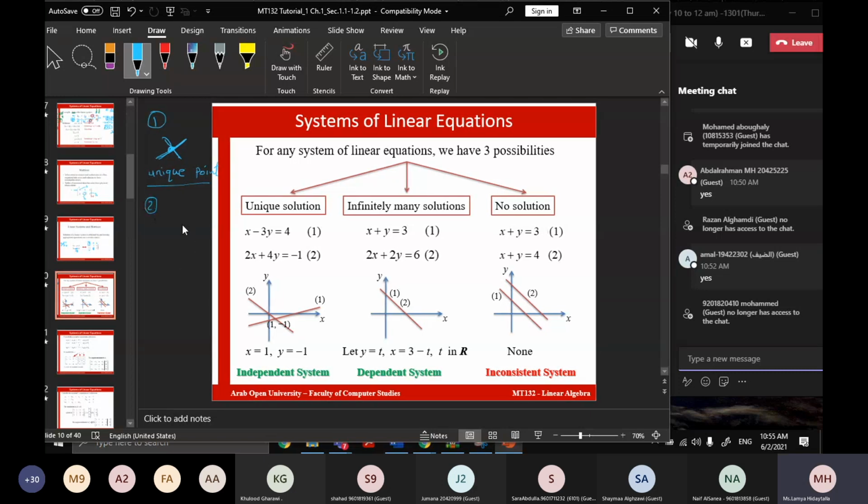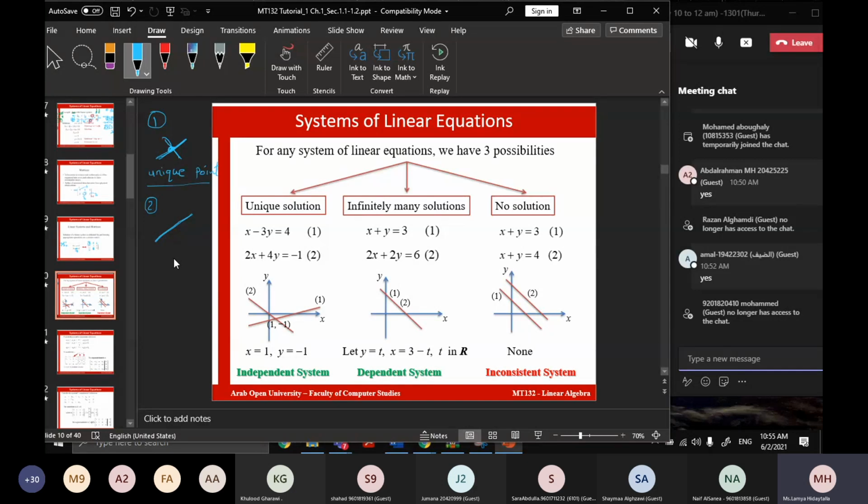In the other case, these 2 lines, if I draw the first one, and then I draw the second one, for example, it lies on the first. So if this is the case, how many solutions are you getting? Tell me, how many solutions?